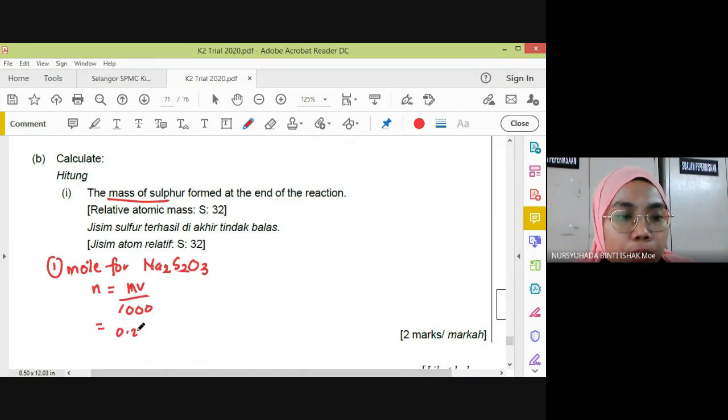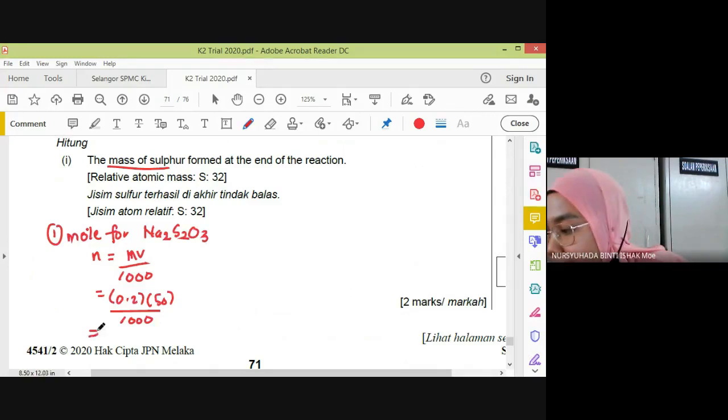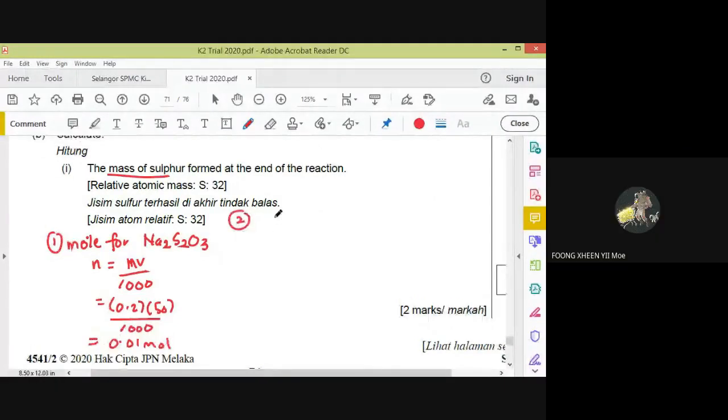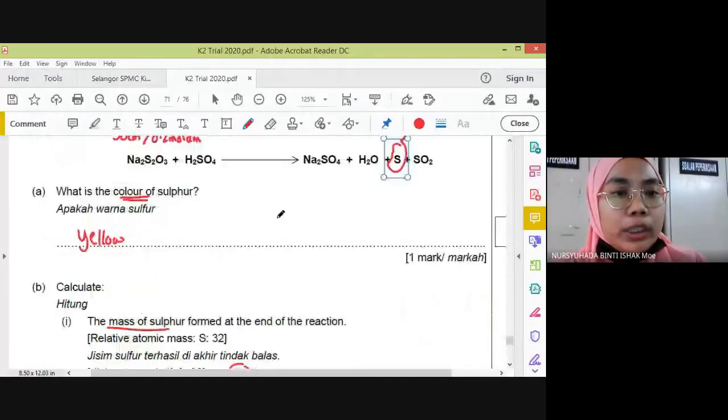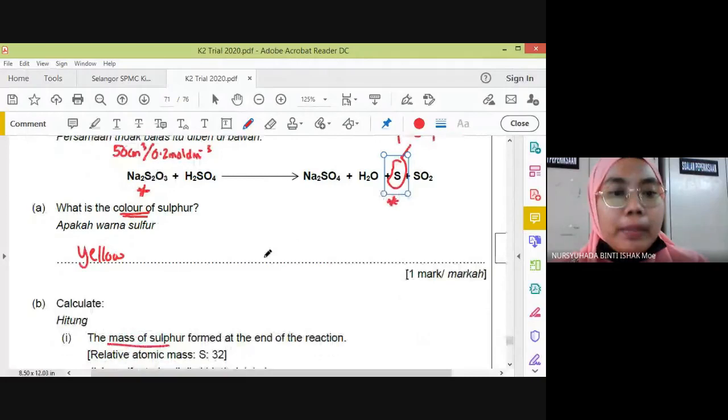Okay, tadi 0.2 concentration. Volume is 50 divided by 1000. So kita akan dapat 0.01 mol. Second step kita buat apa? Ratio. Ratio between sodium thiosulfate dengan sulfur.